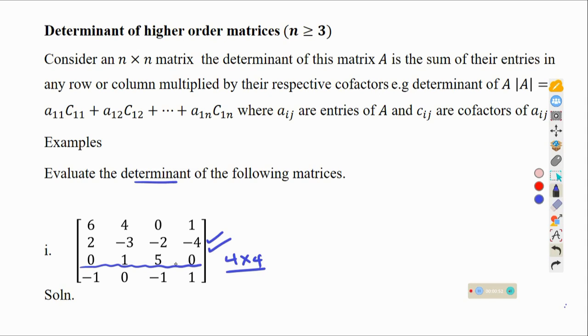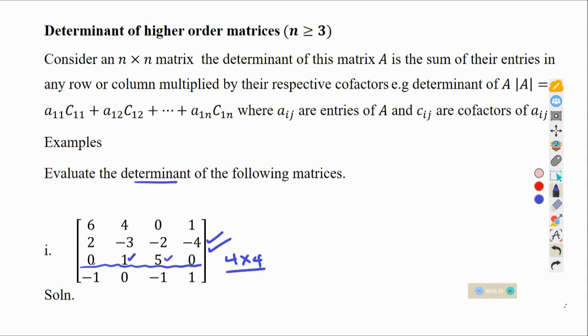Which means this will not require much calculation, since you will only be considering two entries, 1 and 5. Because when you look at other rows, here you only have one 0, here you don't have any 0. If you consider those rows, you will get the same answer. However, it might be more tedious compared to the third row, because you will need to consider all 4 entries.